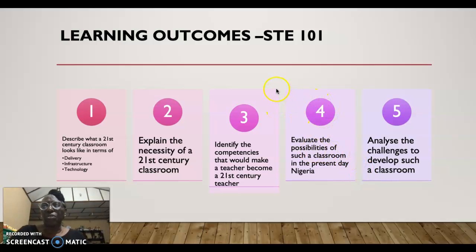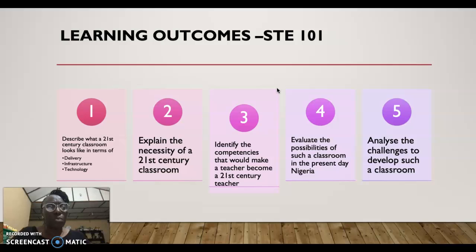So just a reminder about the learning outcomes for ST 101. We're going to be describing what the 21st century classroom looks like in terms of delivery, infrastructure, and technology. Then we need to establish the necessity for it, and then we identify the competencies of the teachers for the 21st century, and we're going to bring it spot on in our environment.